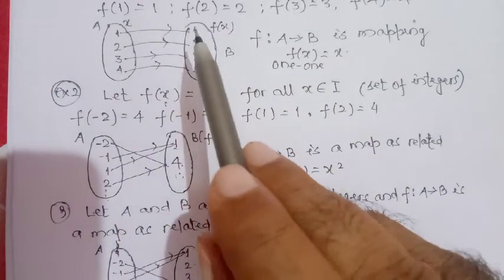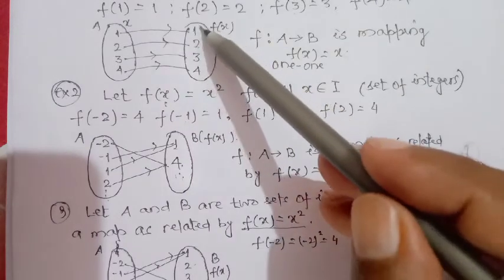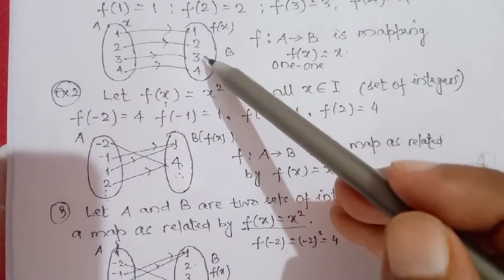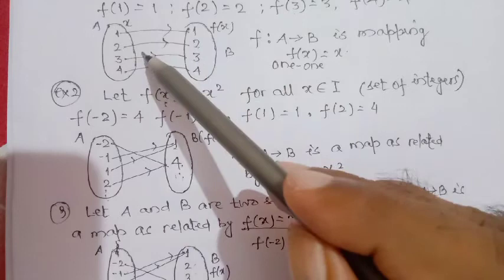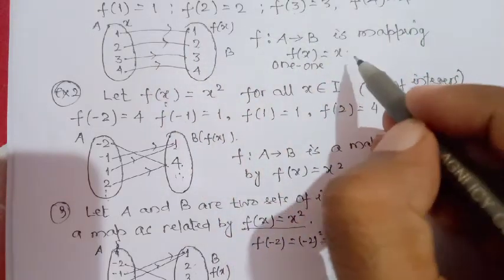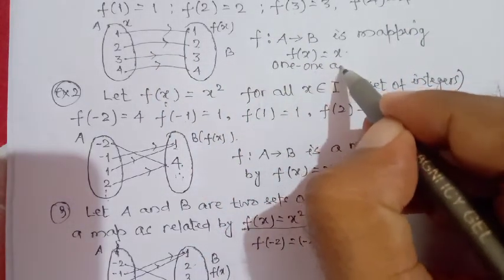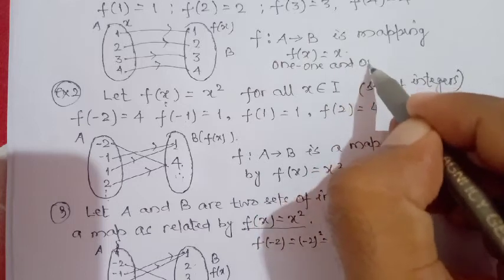And also each element of B is image, so overall it is called 1-1 and onto map.